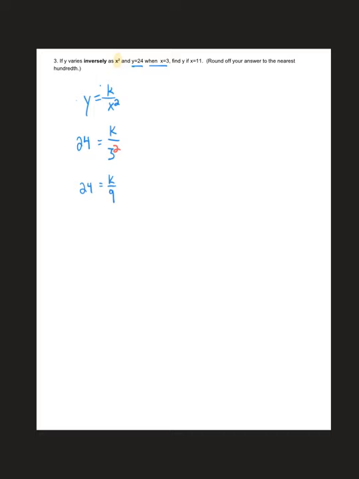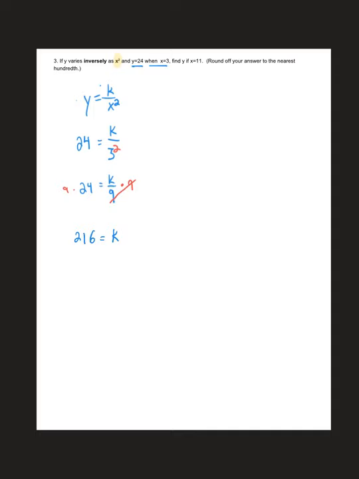We're going to find k, and then plug k back into the original equation. So in order to get k by itself, now we're going to multiply by 9. So k equals 216.